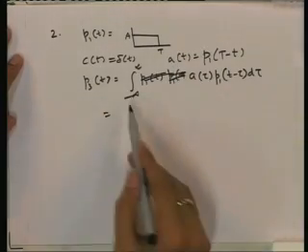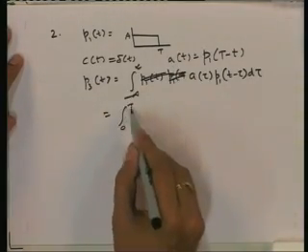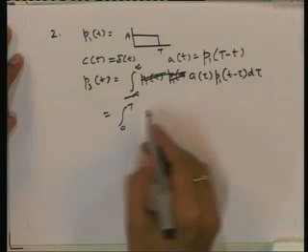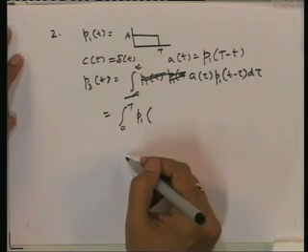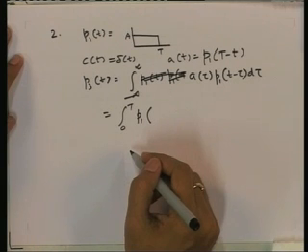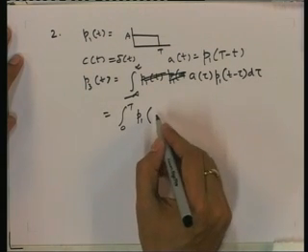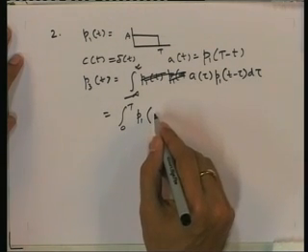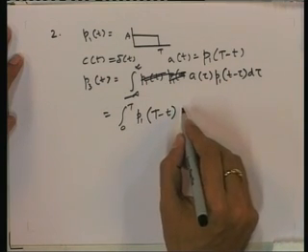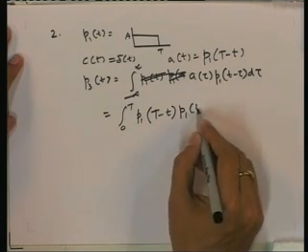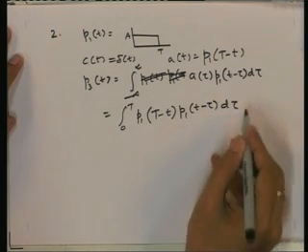So, we can take 0 to T itself, and then we have P1 of tau times P1 of small t minus tau, d tau.